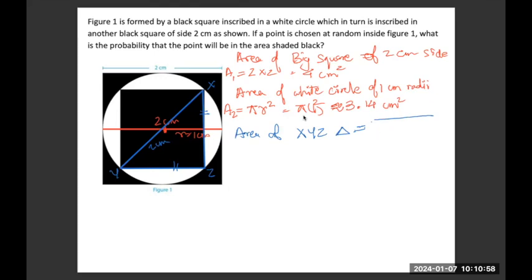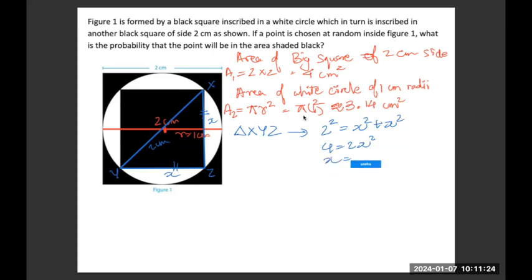Let's not jump there directly. Let me just write the side square. If the side dimension is x and x, by Pythagoras theorem for triangle x, y, z, 2 square is equal to x square plus x square. 4 is equal to 2x square.